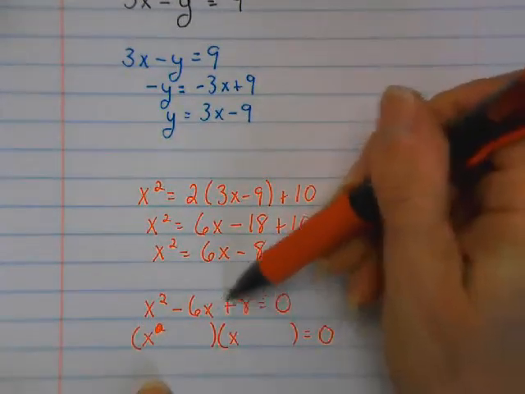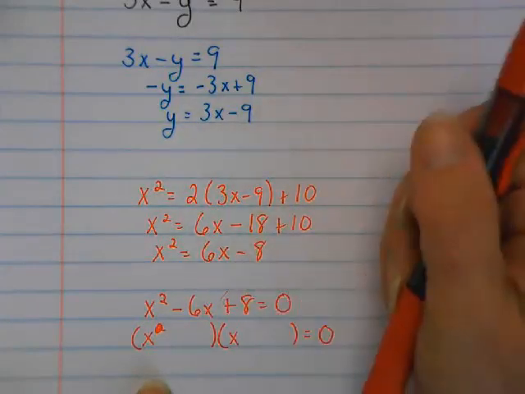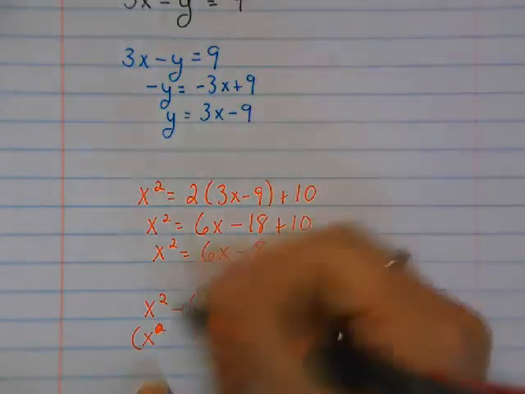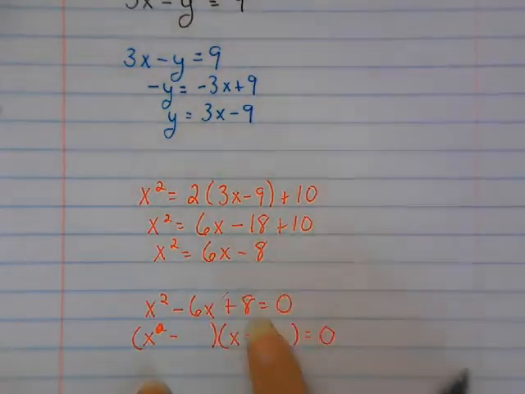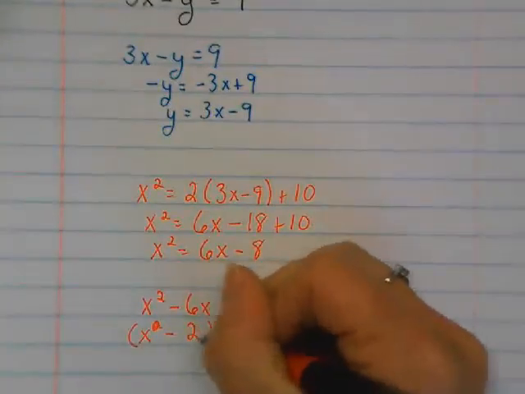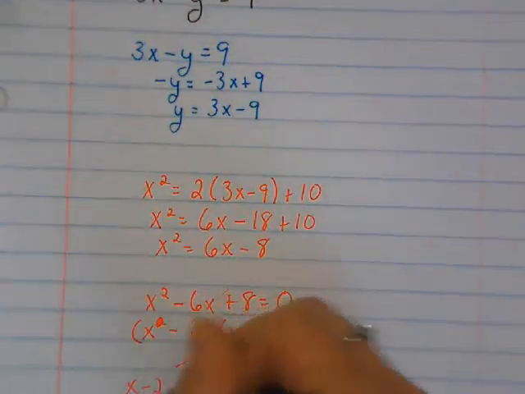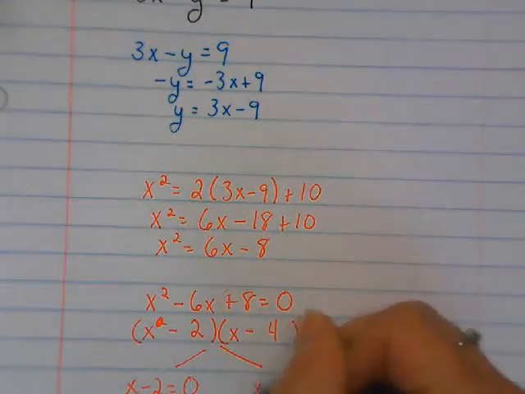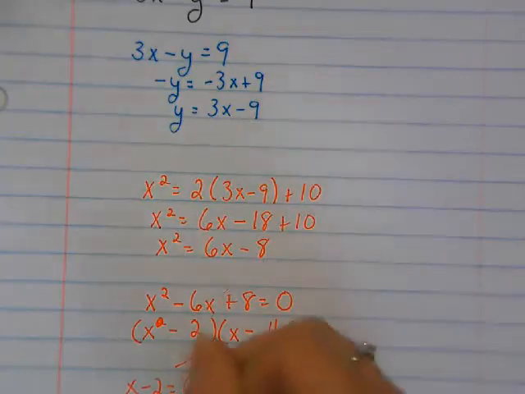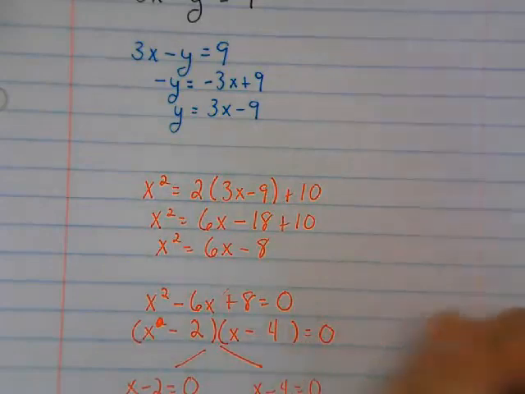Last term is positive, so I either need a plus plus or a minus minus. And because of the middle term, I need a minus minus. Now I need things that multiply to give me 8, add to give me 6. And I'm hoping you got 2 and 4. And now our last step is to go ahead and separate them. And so I get x is 2 or x is 4.